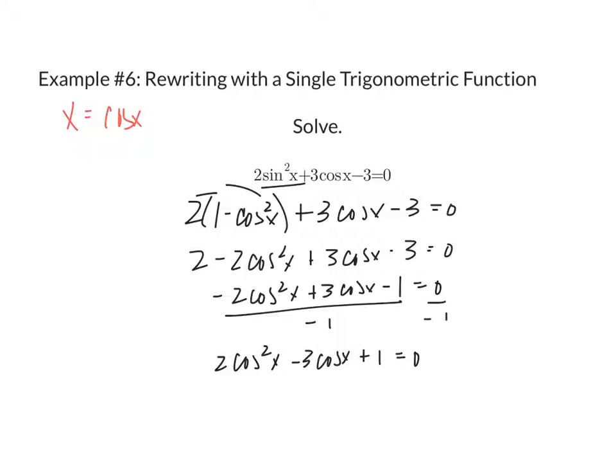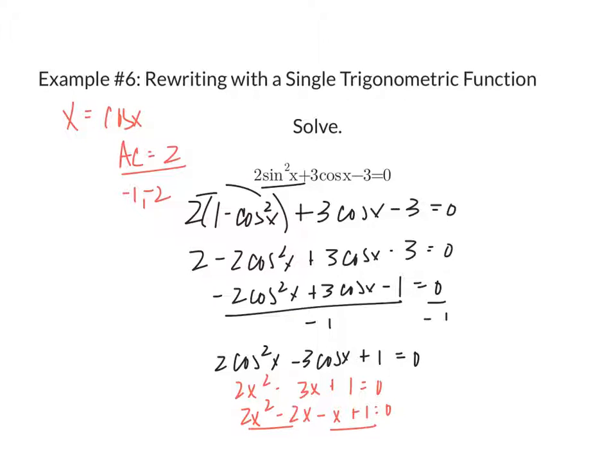So that's going to look like 2x squared minus 3x plus 1 equal to 0. If I do AC, my AC value is going to be 2, but the factors of 2 that give me 3 are positive 1 and positive 2. But in this case, the ones that work are going to be negative 1 and negative 2. So this will be 2x squared minus 2x minus x plus 1 equal to 0.